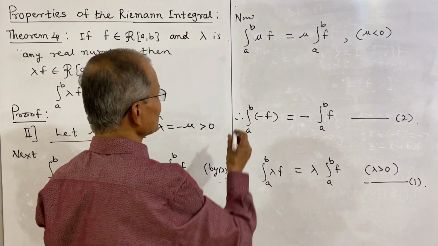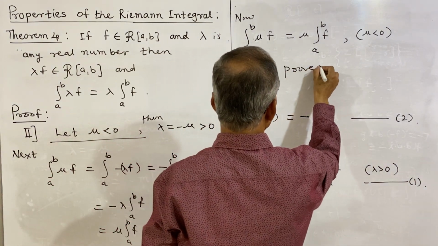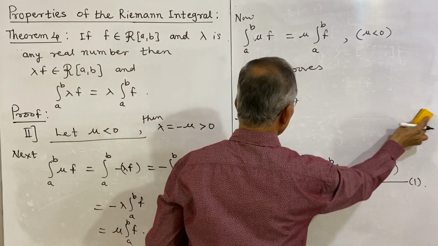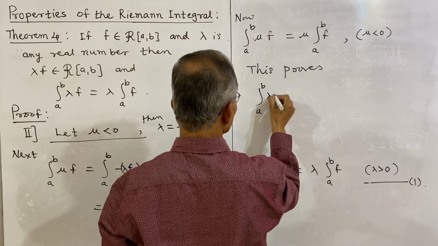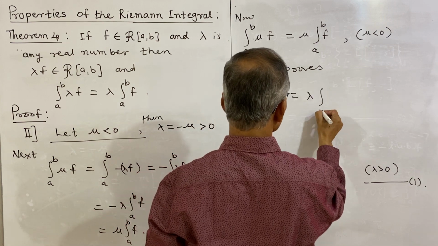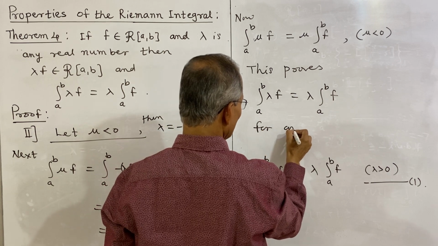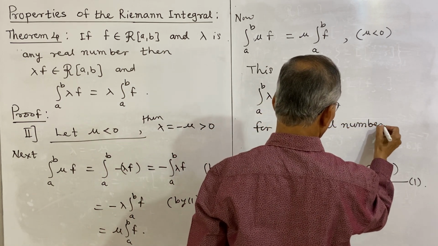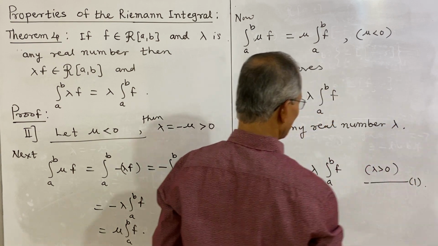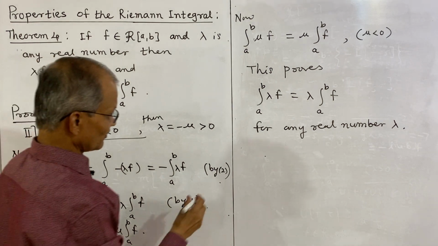So this proves that the integral from a to b of lambda f is equal to lambda times the integral from a to b of f for any real number lambda, positive or negative, and this completes the proof. So we have proved theorem 4.